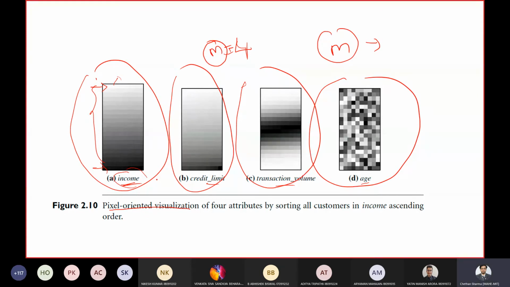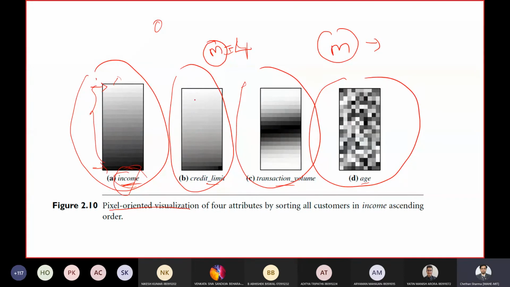If you want to infer from this particular example, consider that a particular organization maintains a customer table. This is the customer table, which consists of 4 dimensions, as I told you: income, credit limit, transaction value, and age. Based on these pixel values, you want to analyze whether there is any correlation between the attribute income and the remaining dimensions.